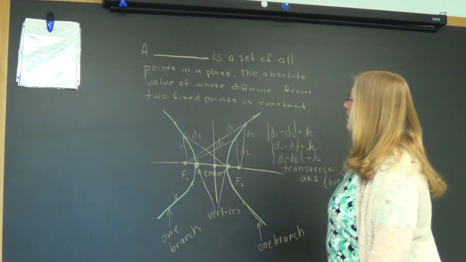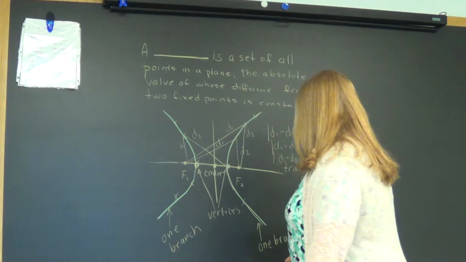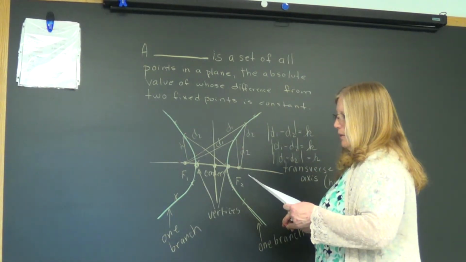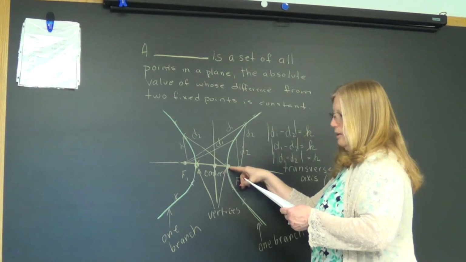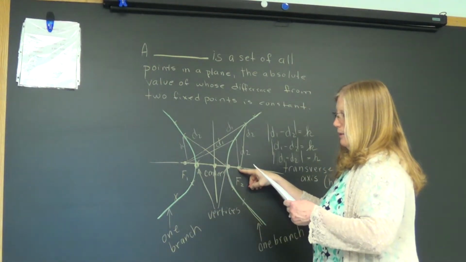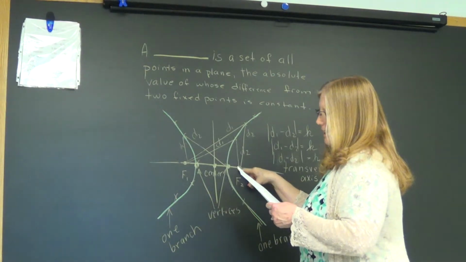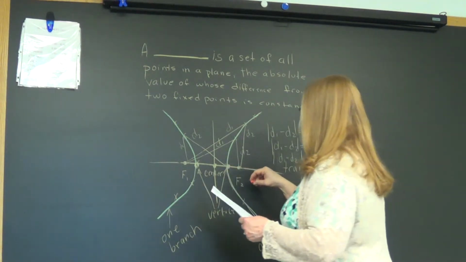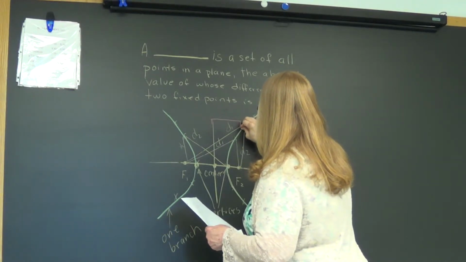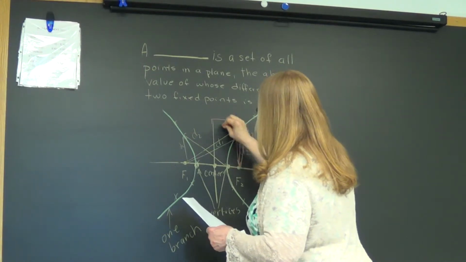Alright, and the values, switch colors again. The distance from the vertex here to the foci here is a value. And no, it isn't. The distance from the center to the focus is a value. See if I can put it up here, getting kind of crowded. So here's an arrow.